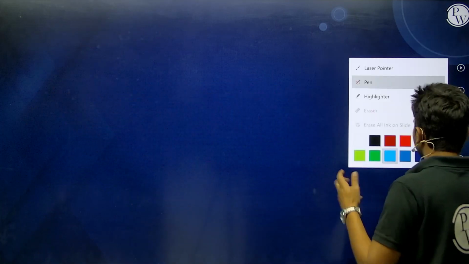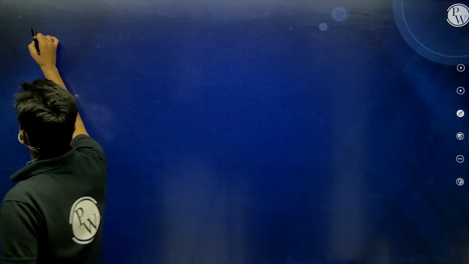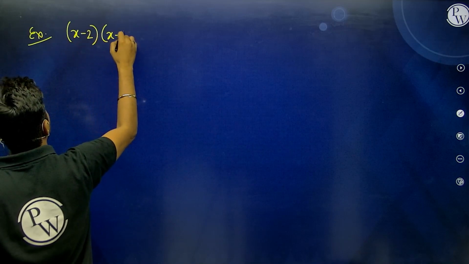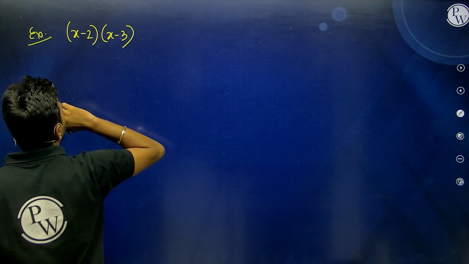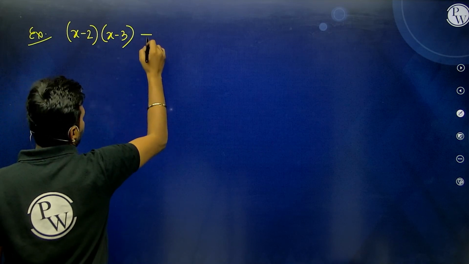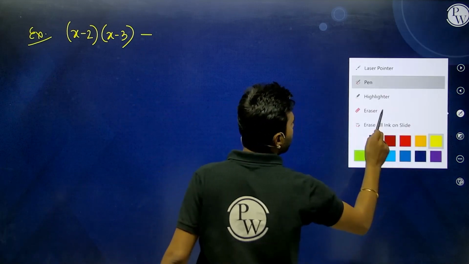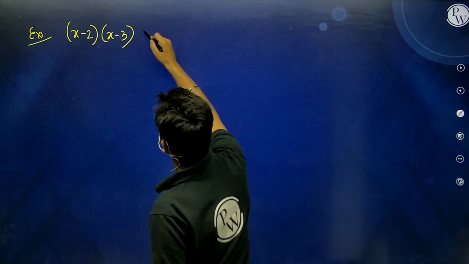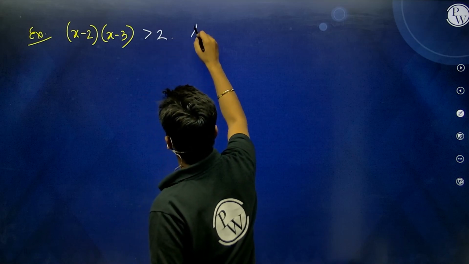Okay. If I ask you a problem like this, let's say x minus 2 times x minus 3 greater than 2. Solve for x.